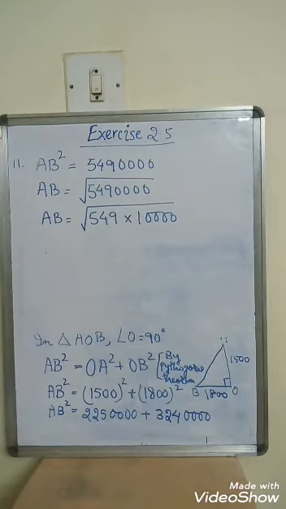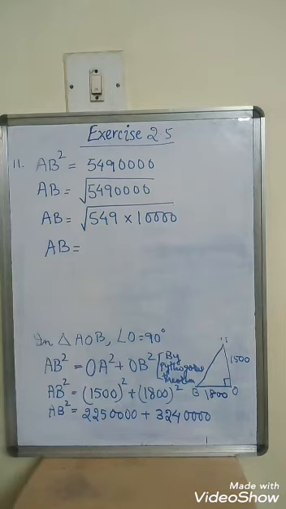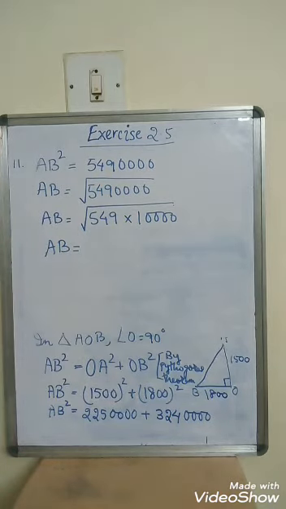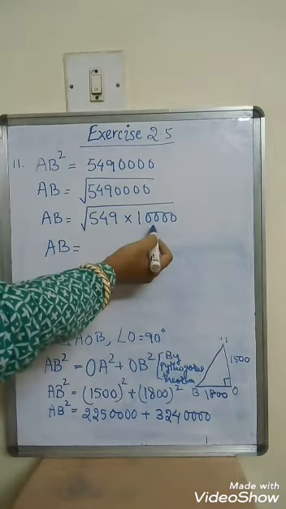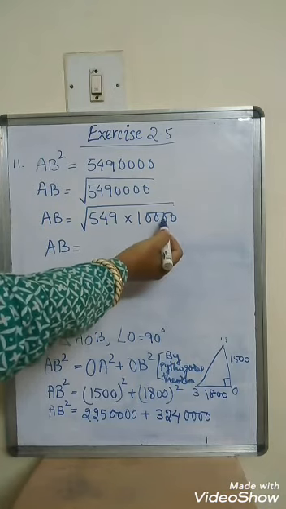Next we have to find out the square. We already know what will be the factor for the square root of this. It will be 100. 100 into 100 gives us 10,000, right?